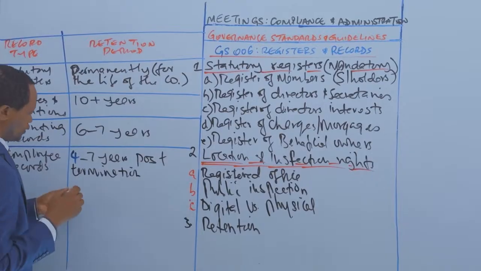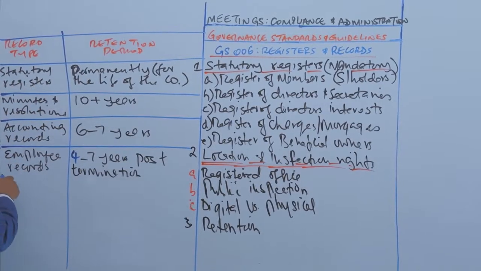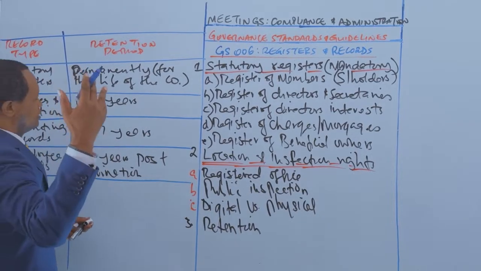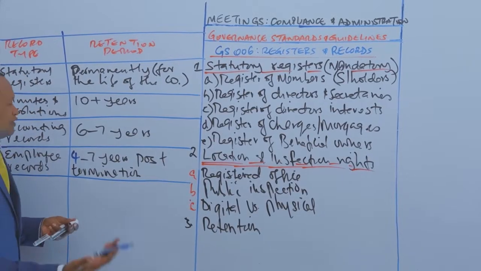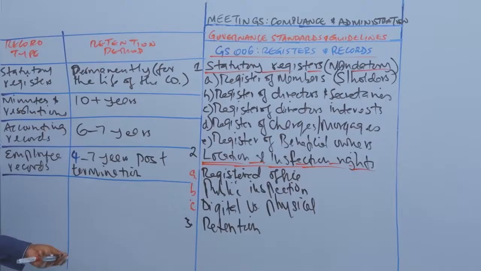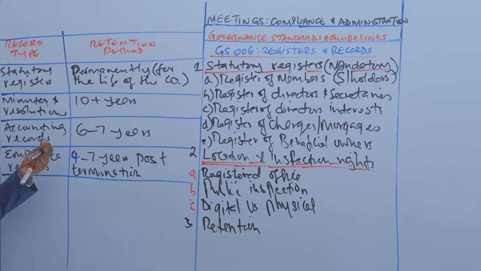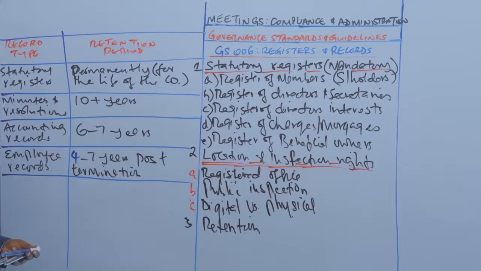After termination of a contract of employment, the record of the employee has to be maintained for a period of not less than 4 years and not more than 7 years. It could be 4 years, 5 years, 6 years, or 7 years. So that is information on retention periods.